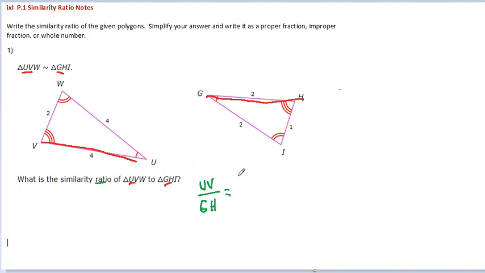Side UV is 4 units long, and side GH is 2 units long. Then all you need to do is simplify the fraction if you can. So the similarity ratio of this triangle to this triangle is 2. And that's all you got to do for that.